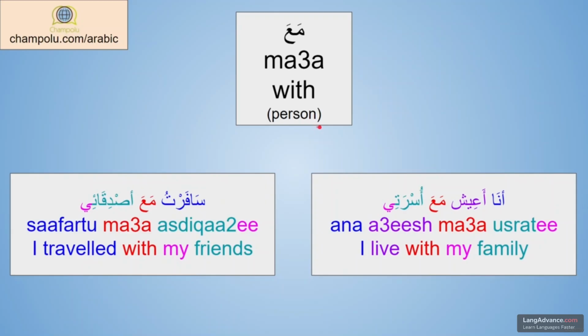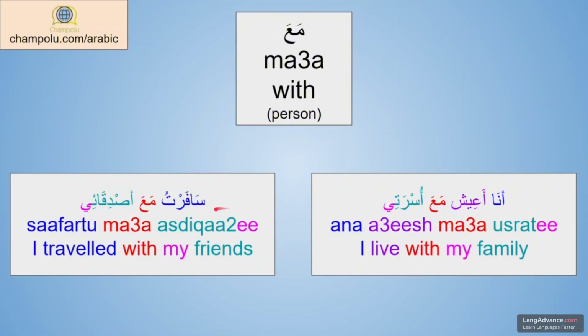And then for the preposition with, مع, which is mainly used with people, so it's something like, I want to say, I live with my family. أنا أعيش مع أسرتي. So أسرتي here is my family, and when I want to say with my family, it becomes مع أسرتي.